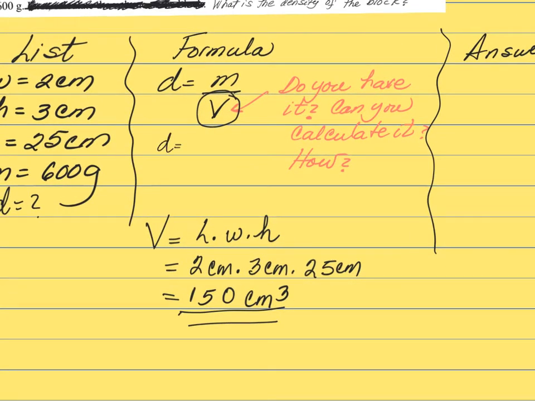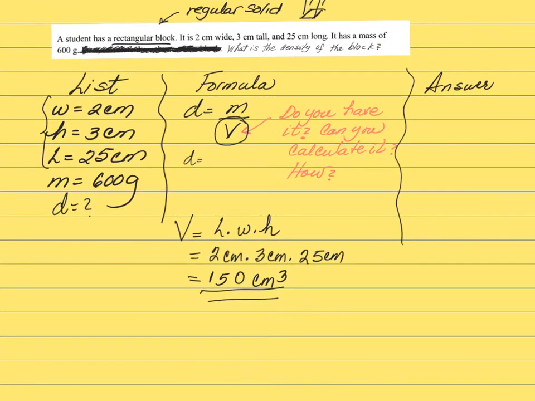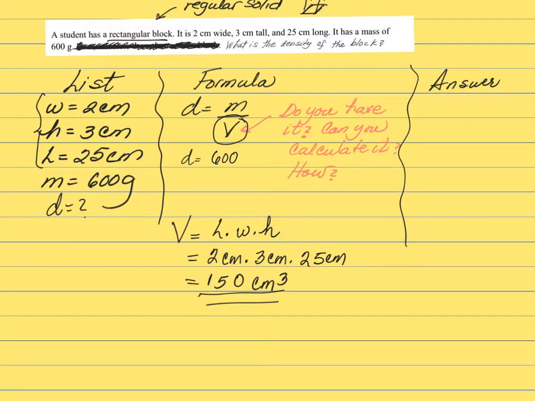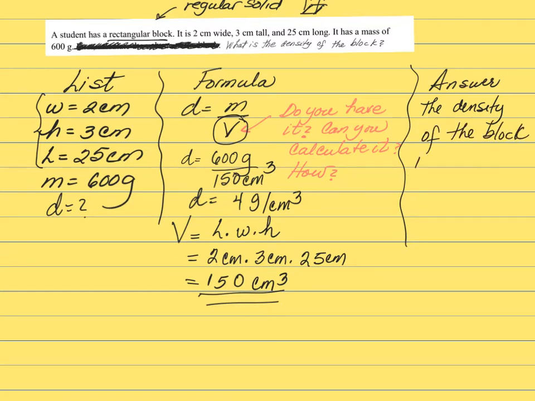The density is equal to the mass, 600 grams, divided by 150 cubic centimeters, and the density of that block is going to be equal to 4 grams per cubic centimeter. The density of the block is 4 grams per cubic centimeter. And you know that per means division.